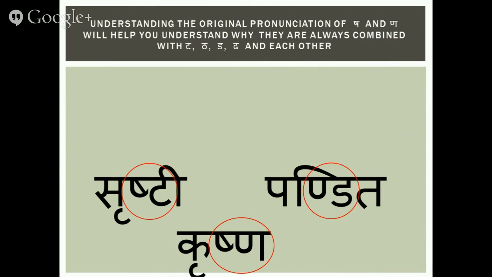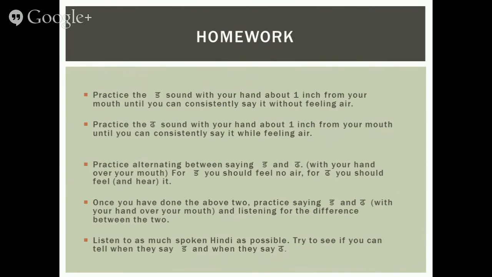As a preview, I'll tell you that the letter that comes after it is in a retroflex tongue position. You will always only find them combined with letters in a retroflex tongue position. Therefore, your tongue might as well be retroflex so you can pronounce what comes after. Okay, cool.